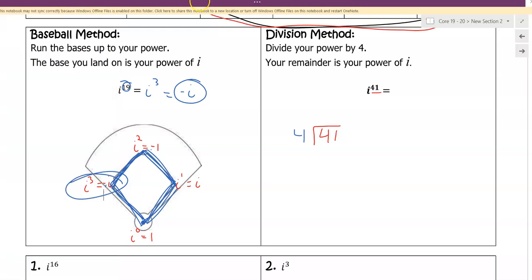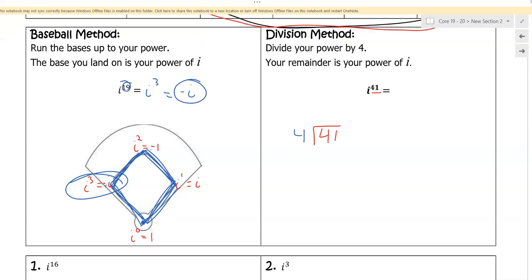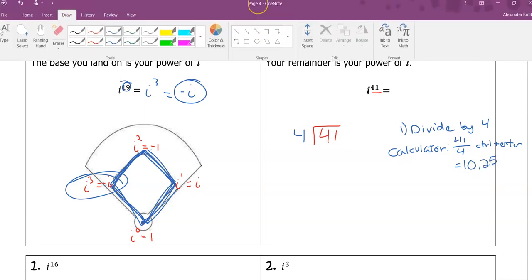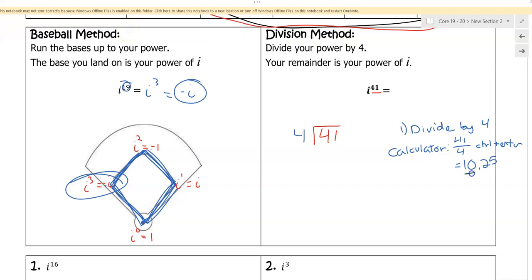So our first step, divide by 4. Calculator: 41 divided by 4, and then Control plus Enter. Okay, and we get 10.25, and we're only going to take the part before the decimal, and we're going to put that on top.